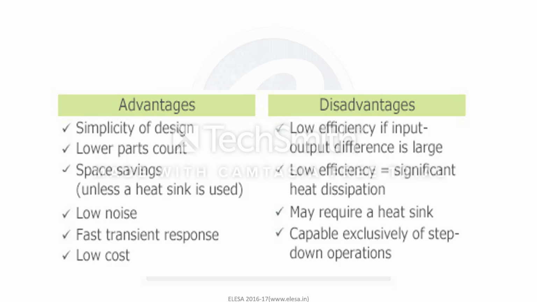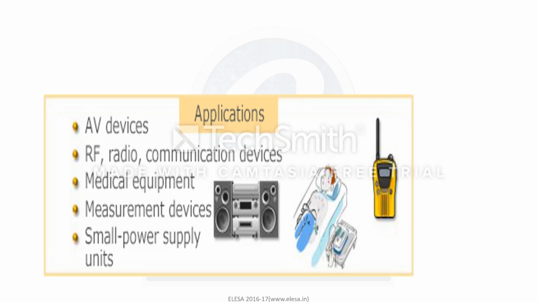They are used exclusively for step down operation, that is, the output voltage is always less than input voltage. The applications where they are used are shown. Read, analyze and study yourself how they are used in different applications in the electronics world.